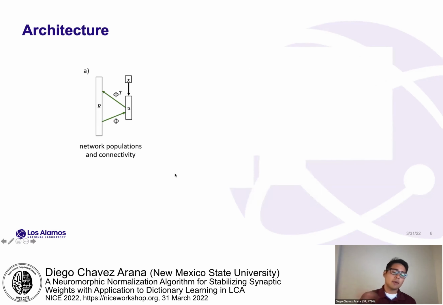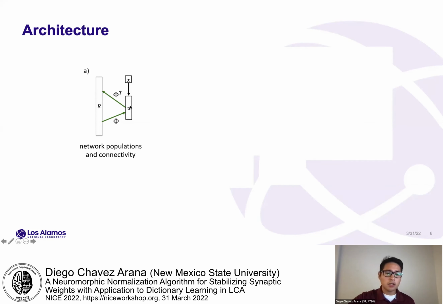Going back a little in more detail to the architecture of the normalization circuit, on the left we show our normalization network architecture. Here we have three neuronal registers, represented by R, U, and X, which is the input. Between them, they exchange information through a dictionary of vectors that is encoded in the plastic synaptic connectivity of phi.